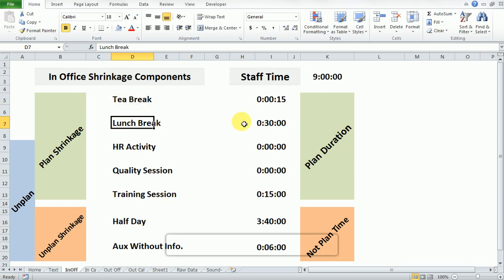The people who have come in office will be absent during this time for the tea break, so we will consider it in office shrinkage. Okay, lunch break is also in office shrinkage. If the HR activity, quality session and training session is already planned, it will be considered in plan shrinkage.